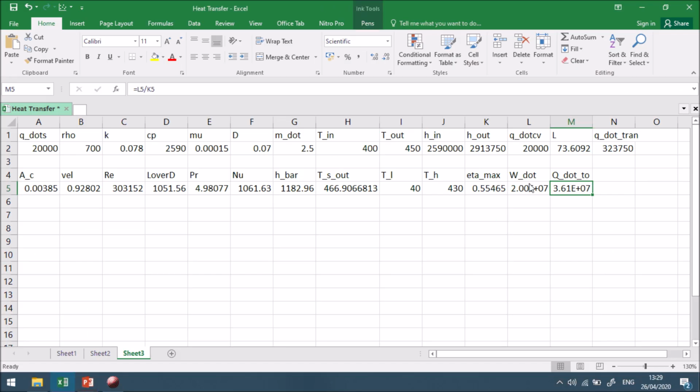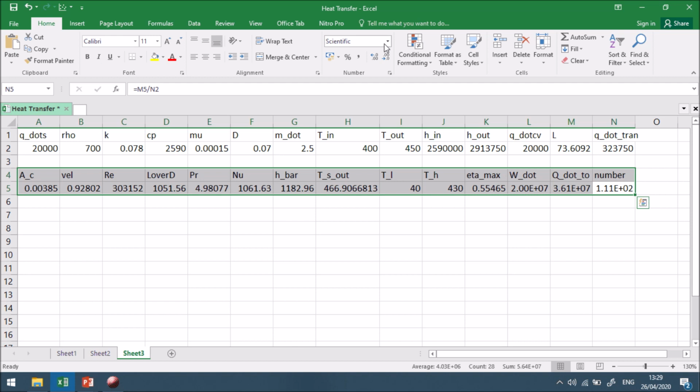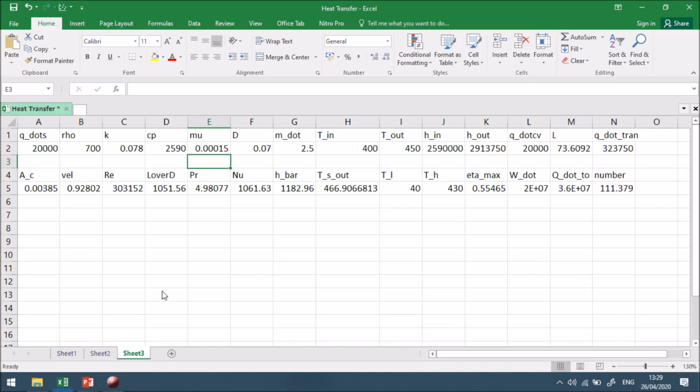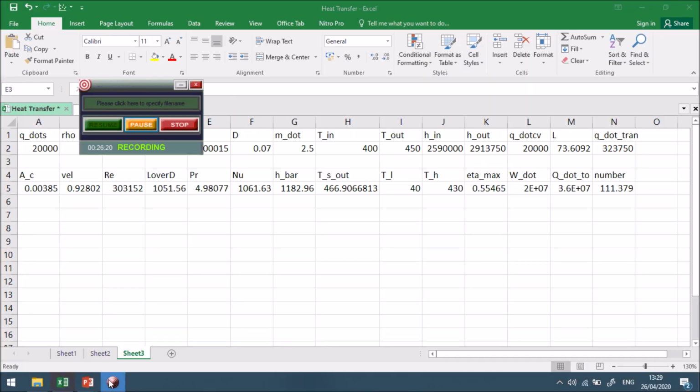That heat will give you the number of concentrators. The number will be this divided by the heat transferred by one single concentrator, and you have 111. Because this is the maximum efficiency, at least 111 concentrators are needed to get this amount of power. So this is the end of the example.